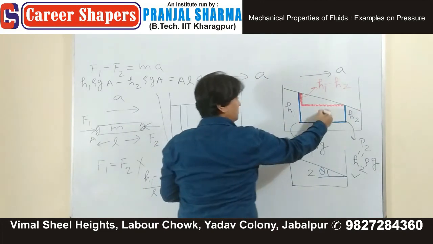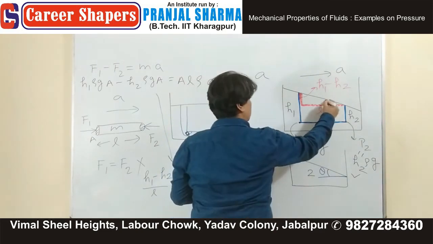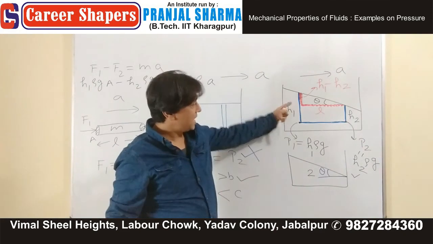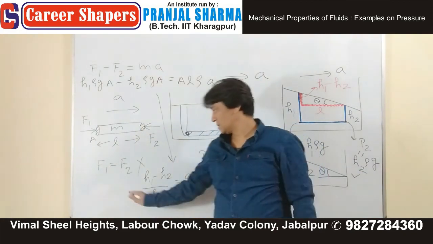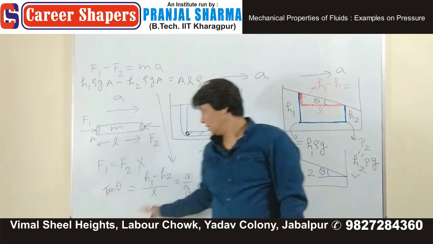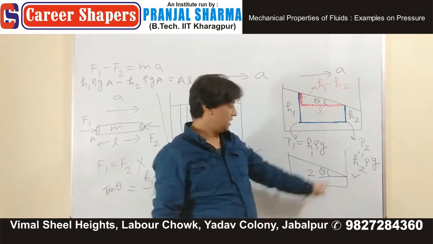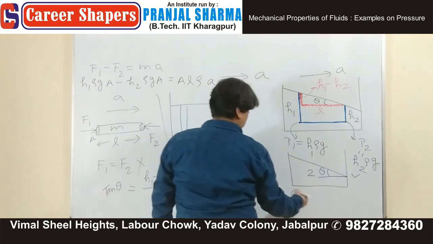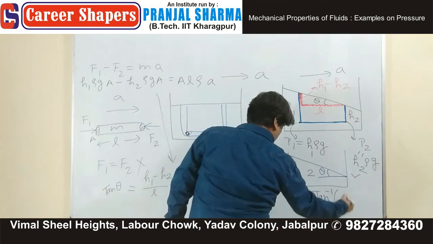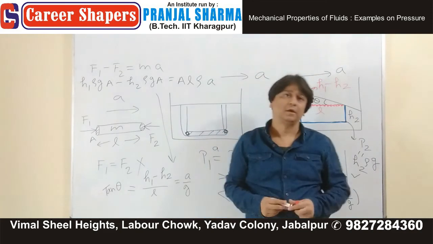What is the bottom? L. And what about this angle? Theta. What is tan theta? Perpendicular upon base. Tan theta perpendicular upon base. Question is find out theta, and theta is coming tan inverse A divided by G.